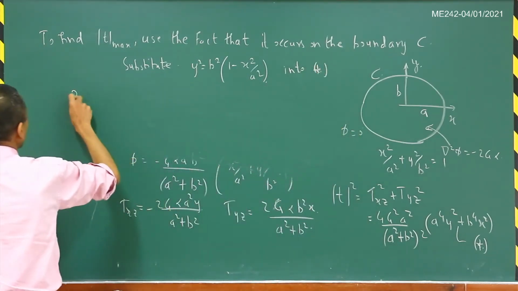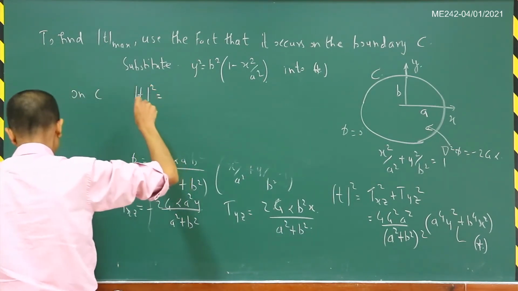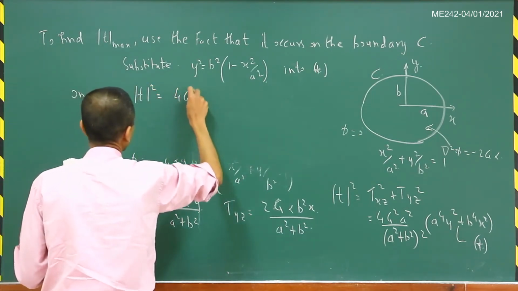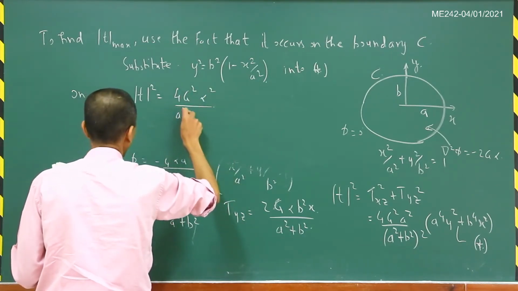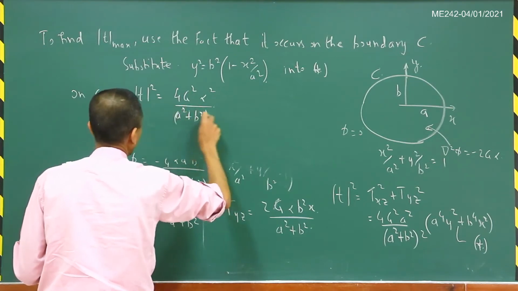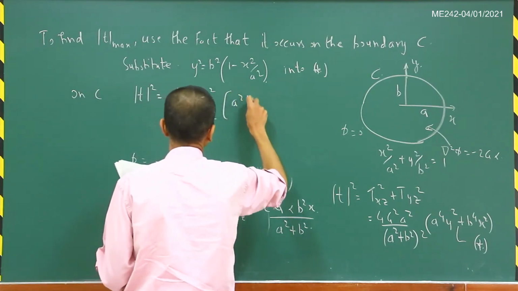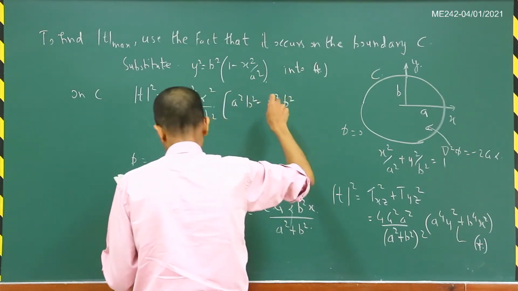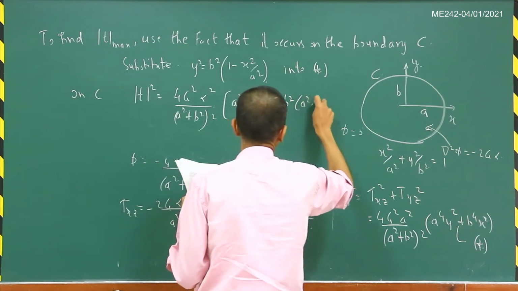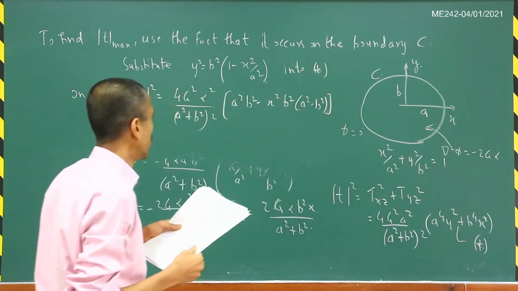On C, you get tau square equal to 4g square alpha square divided by a square plus b square times a square b square minus x square b square times a square minus b square. This is the expression that you get.